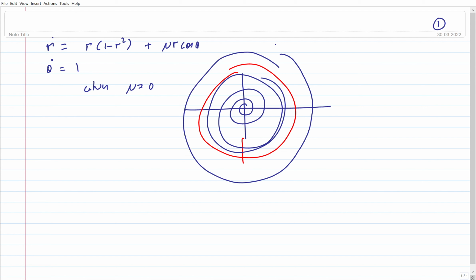Any trajectory would come down on this thing. These trajectories parallel, and these guys eventually spiral out too.